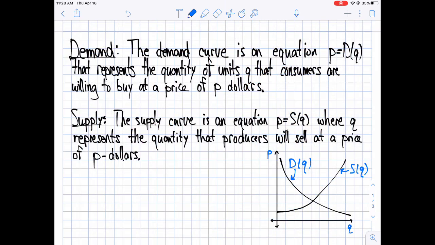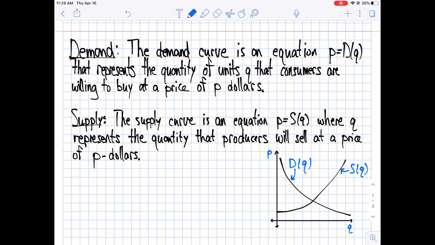Okay, so now let's be a little bit more formal, talking about supply and demand. So first off, looking at demand, we know our demand curve, as we saw in the last one in our example for toilet paper. If we graph it here with respect to price and quantity, from left to right, the demand curve is going to be decreasing. In other words, as the price increases, the demand will be smaller, and as the price comes down, the quantity demanded is going to be increasing.